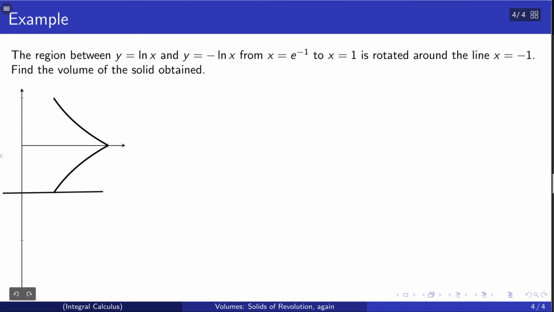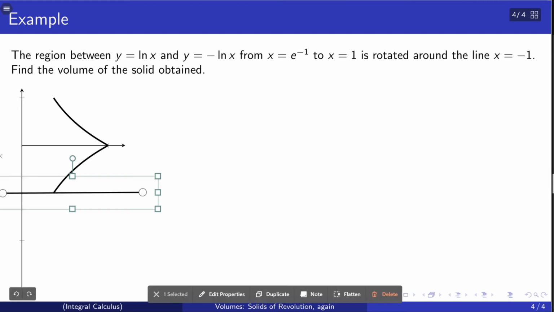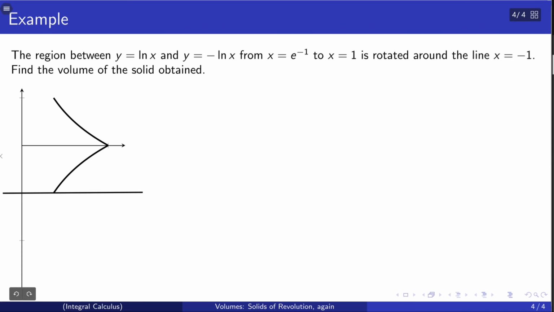So it's this line over here. And the region under consideration is this region between y equals ln x, y equals negative ln x, right? So remember the natural logarithm looks like this, has a vertical asymptote at 0, passes through the point (1, 0).